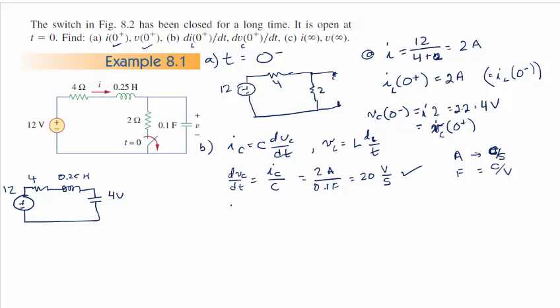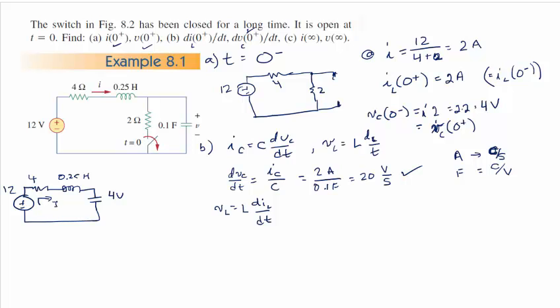So the next one that we need to find, so we have this one, dV/dt. We need to find di/dt the instant the switch is opened. So we know that the voltage in the inductor equals L di in the inductor/dt, and when the switch first opens, we know that we have 2 amps in the circuit going this way.